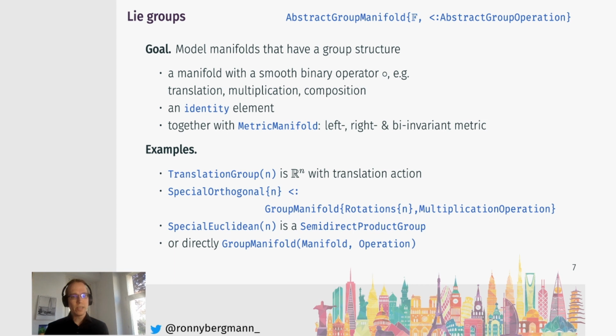And the special Euclidean group is the semi-direct product group of these two, so the special orthogonal and the translation group. And you can also do that yourself again, saying I want to have the group manifold of this manifold and that operation that then accepts 2 points on the manifold and returns the result of the group operation.